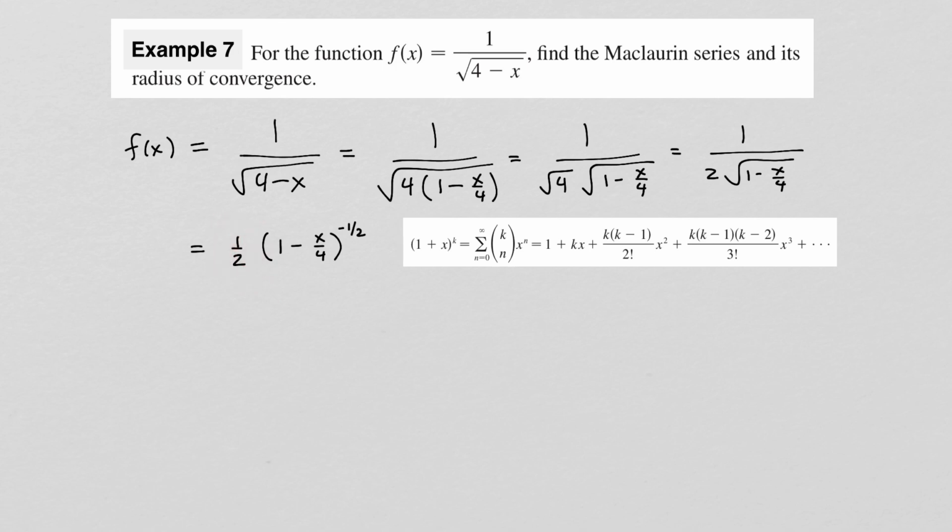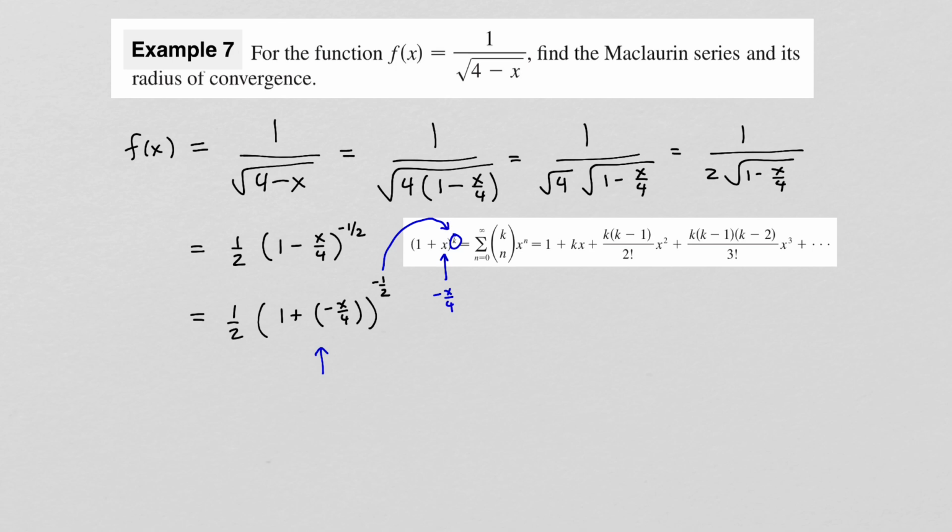So if I rewrote this as 1/2 and then 1 plus negative x over 4 to the negative 1/2, you could see that we could get this function by substituting in for x, negative x over 4, and substituting into k, negative 1/2.